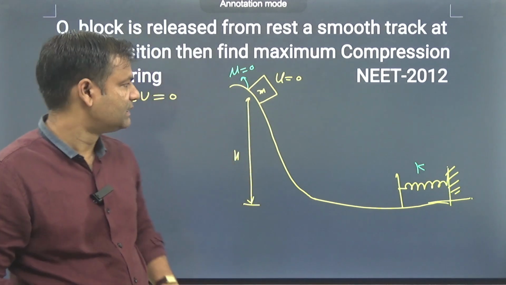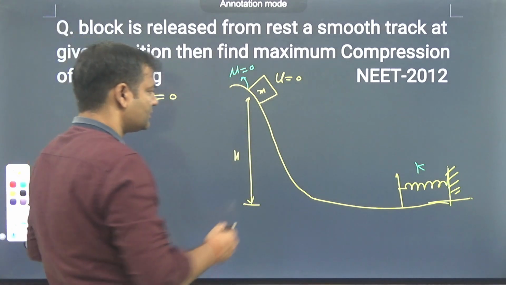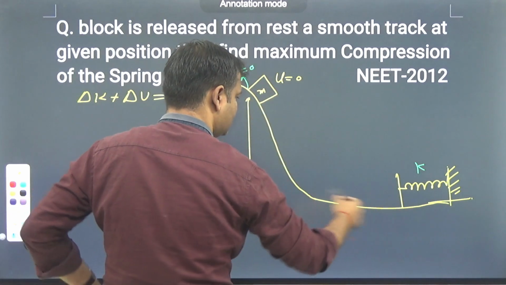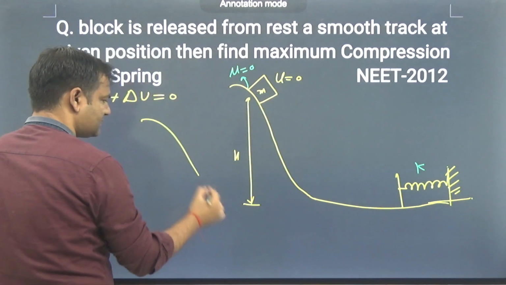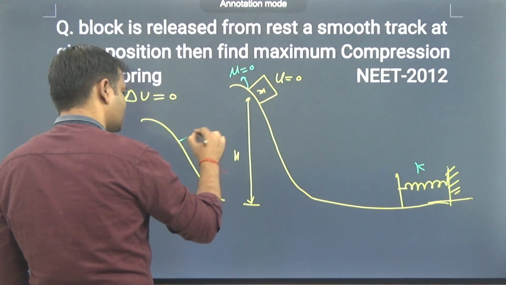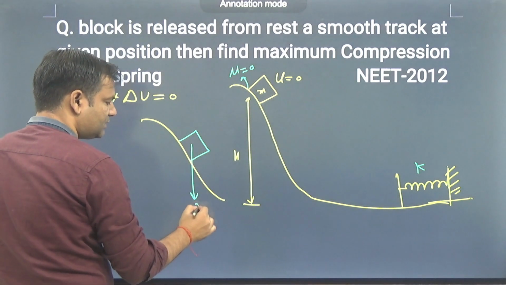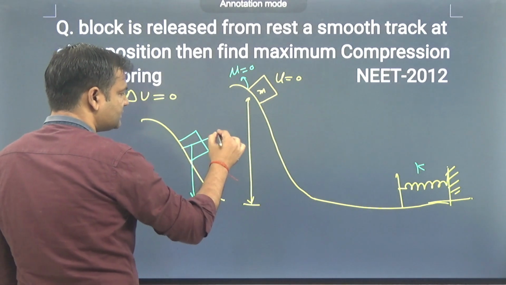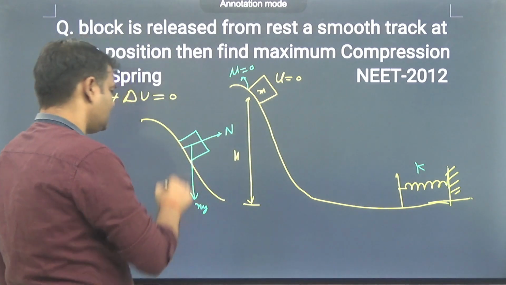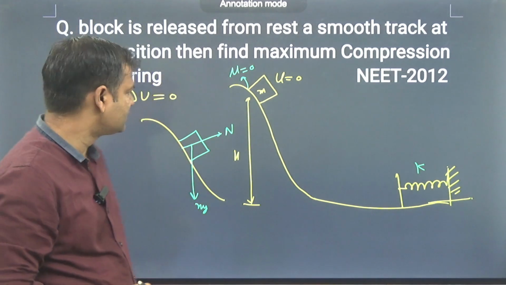Clear or not? If in doubt, look at any point in between on this surface. If you consider this block moving here, mg acts downward and the normal force acts here. Friction force is not available, so we have not represented it. The normal force changes at all points.